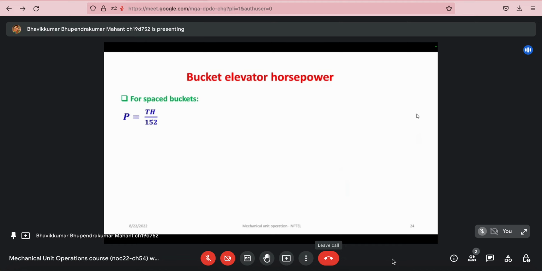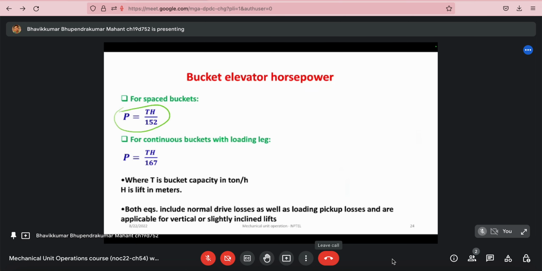Now the bucket horsepower, which is very easy. For spaced buckets you need to consider power equals capacity in tons per hour times H, divided by 152, where H is the lift in meters, or height in meters. For continuous buckets, you consider P equals TH divided by 167. That's it: 152 for spaced buckets.